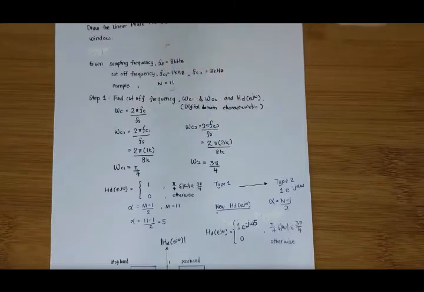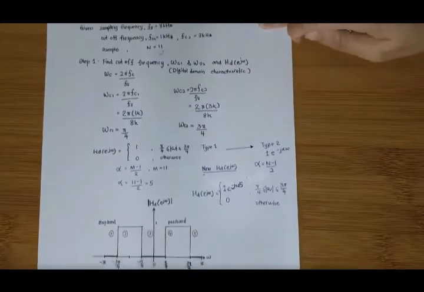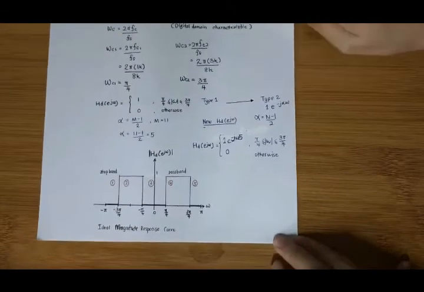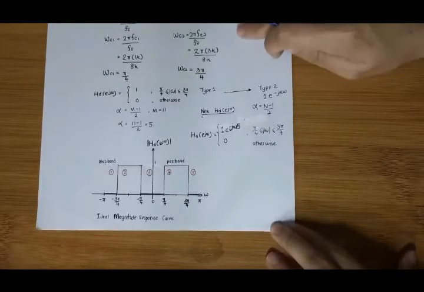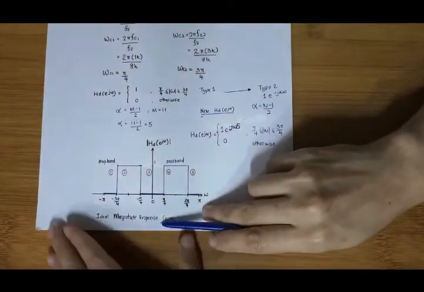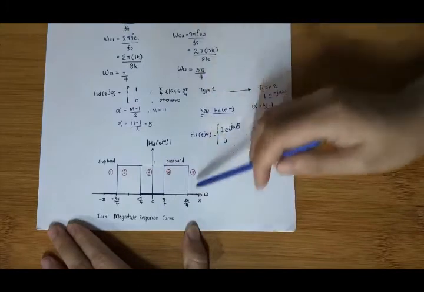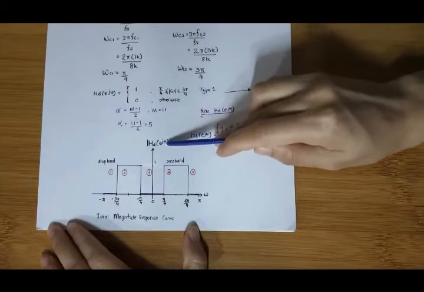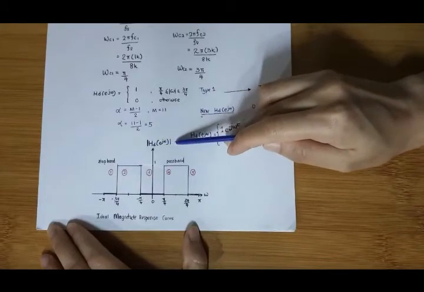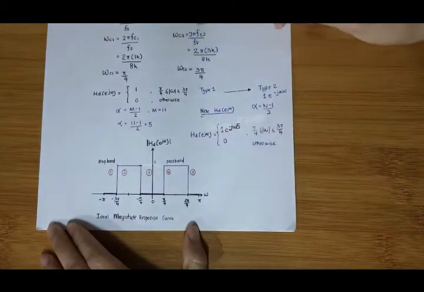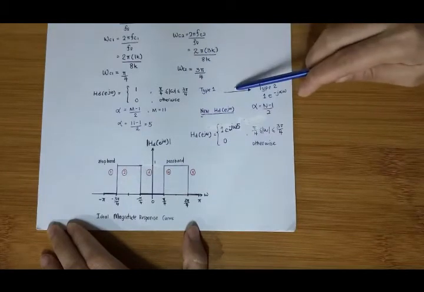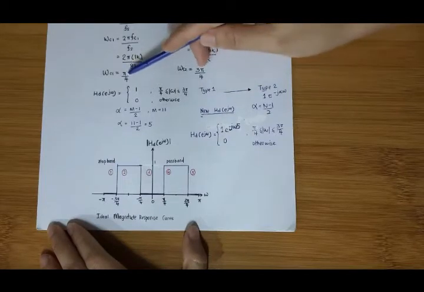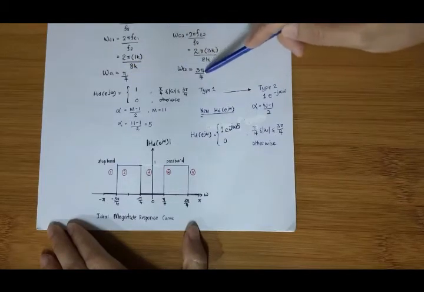How do you want to draw it out? To draw out our magnitude response curve, first, we draw the y-axis, Hd(e^jω). Then this question is a band pass filter. So the area that is allowed to pass is from pi divided by 4 until 3 pi divided by 4.